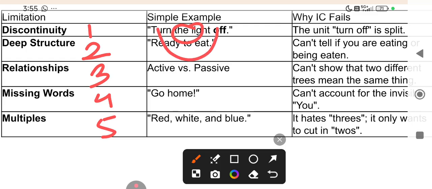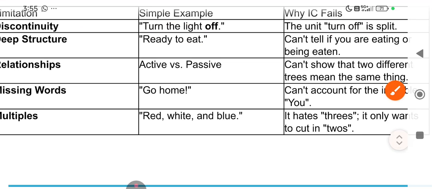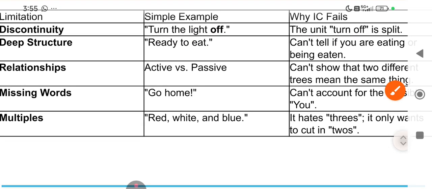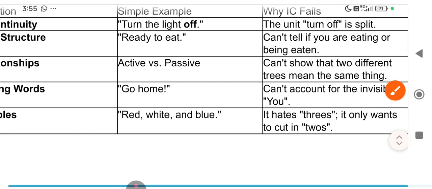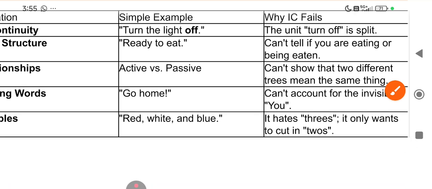So that's a "turn off" split. "Ready to eat," right? So the example is "ready to eat," can't tell if you are eating or being eaten, not clear.